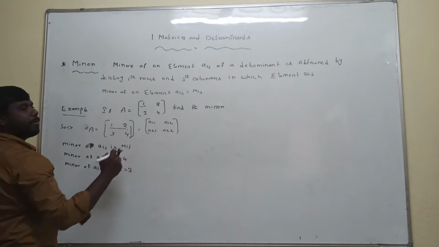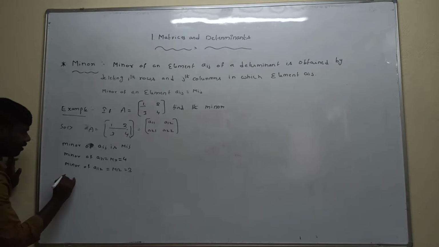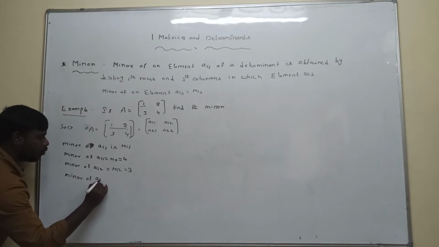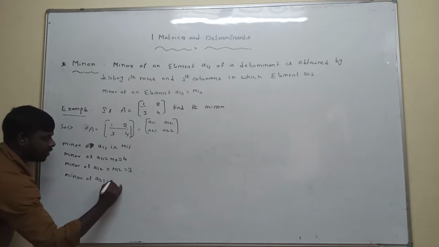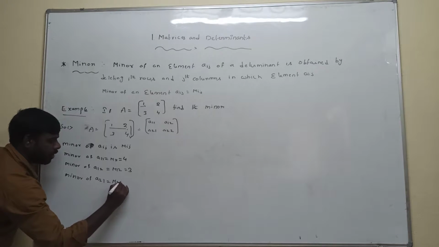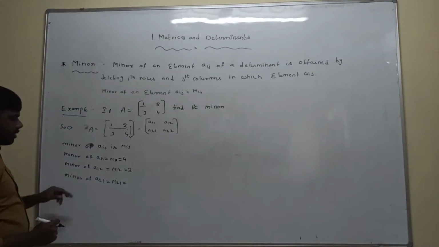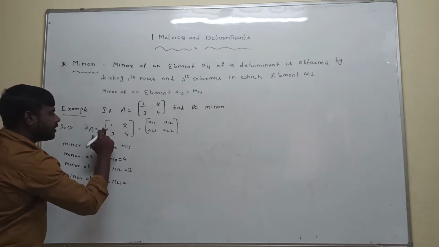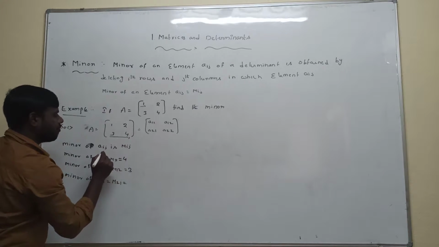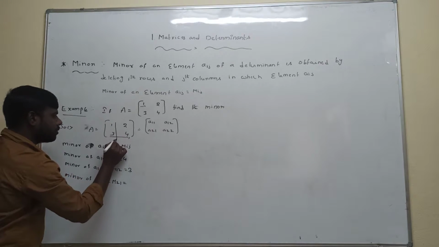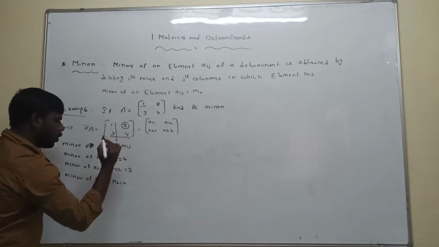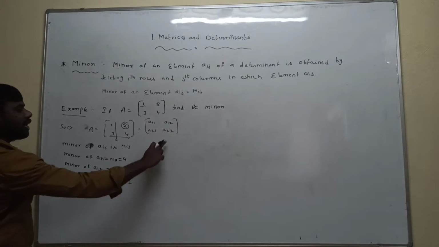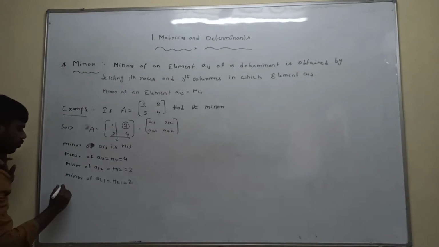Next we need to calculate the minor of A21, denoted by M21. A21 is 3, present in the second row, first column, which are eliminated. What is left of the elements here? 2 is left. So the M21 value is 2.